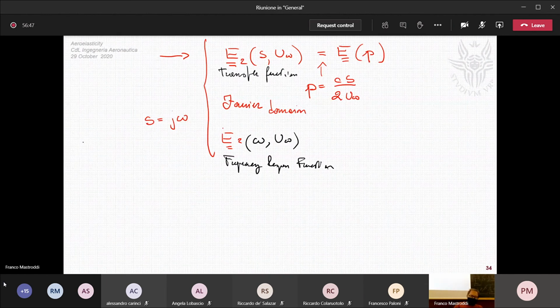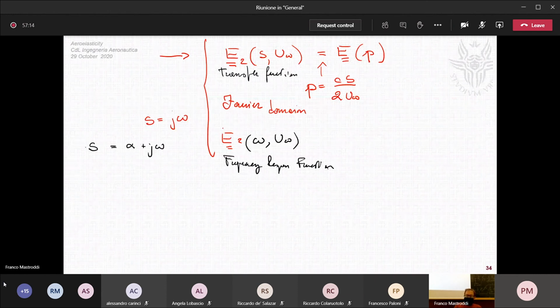Okay, but if you assume that in general S is equal to a real part plus, how do you call the real part of the Laplace variable? Alpha? Okay, alpha, it's okay by me. And the imaginary part is omega.